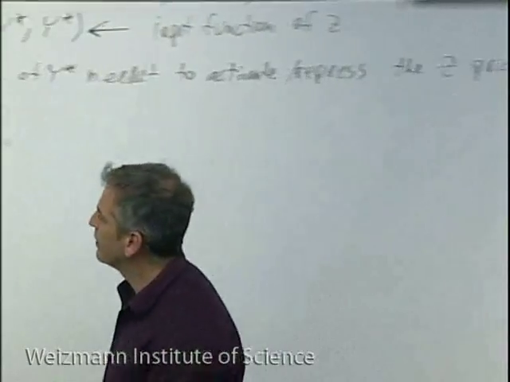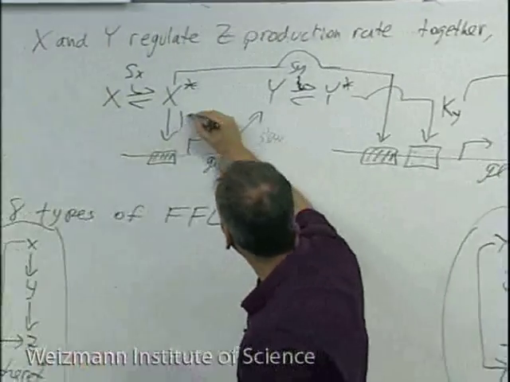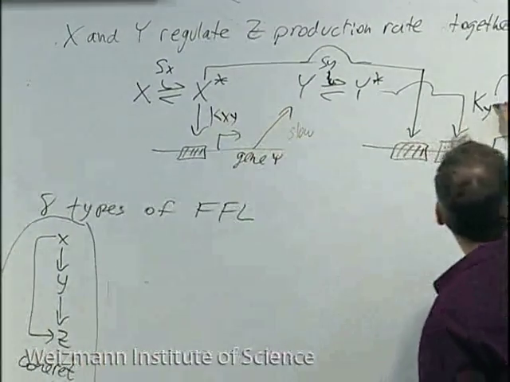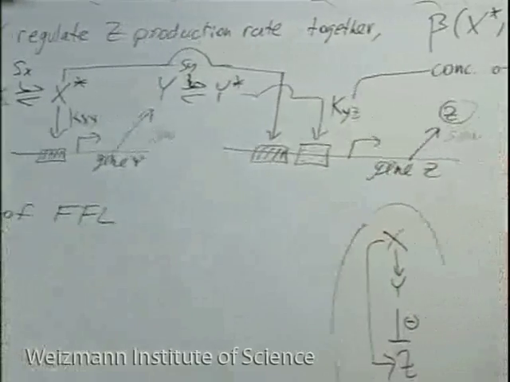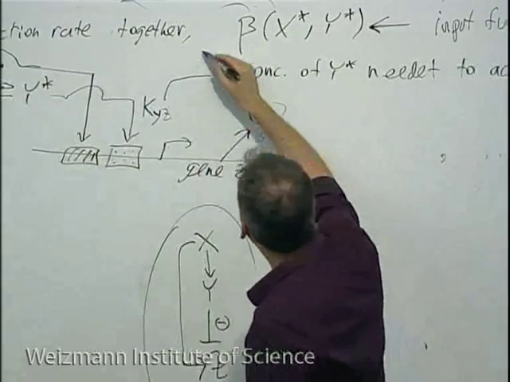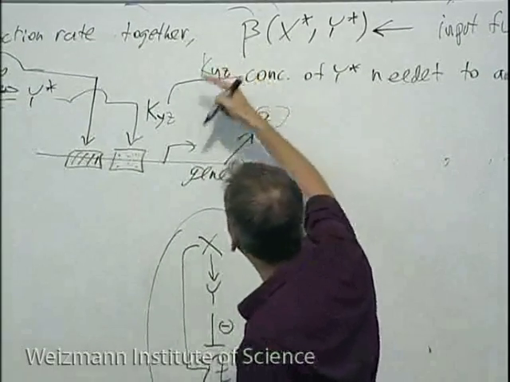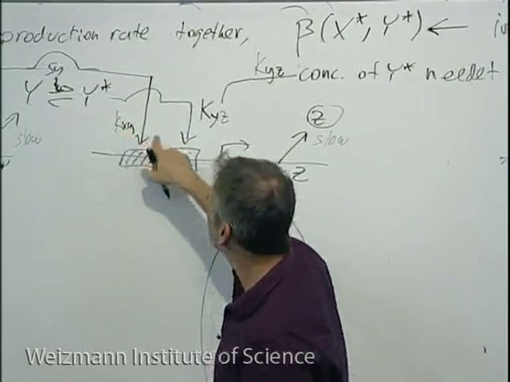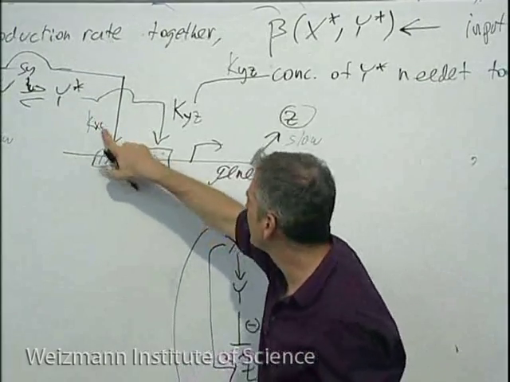And of course, there's a Kx. Y here, I'm going to call it Kyz. Actually, to be precise, it's the concentration of Y needed to repress the Z promoter. And this is Kxy, the concentration of X needed to repress or activate Z.